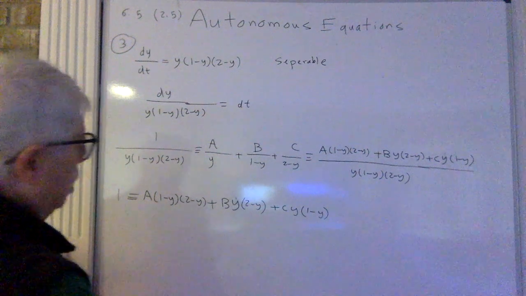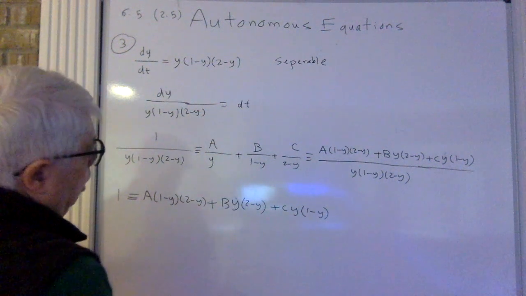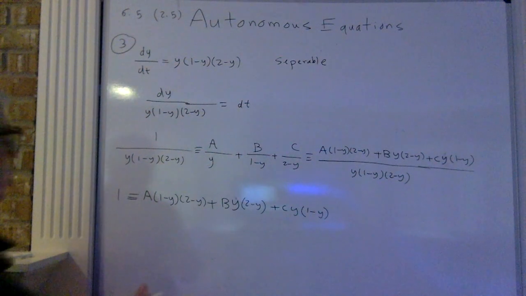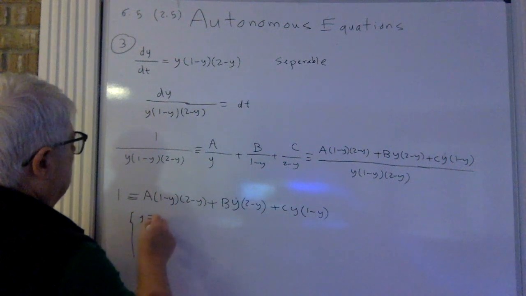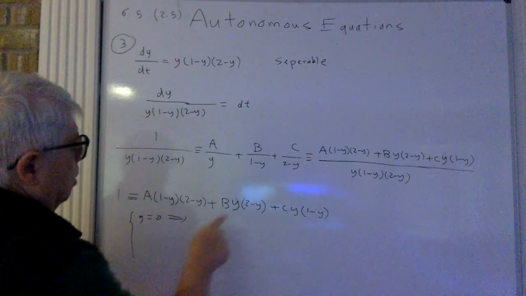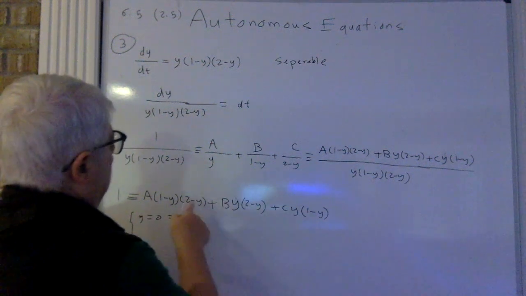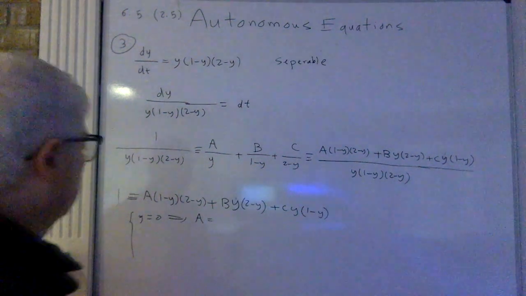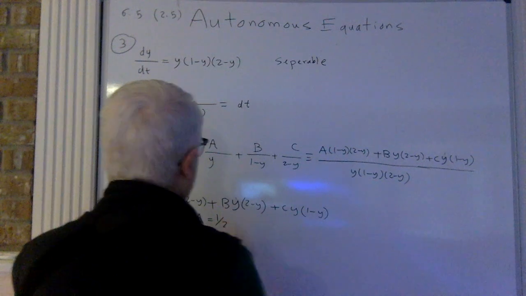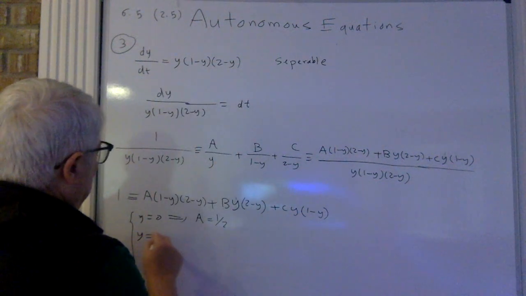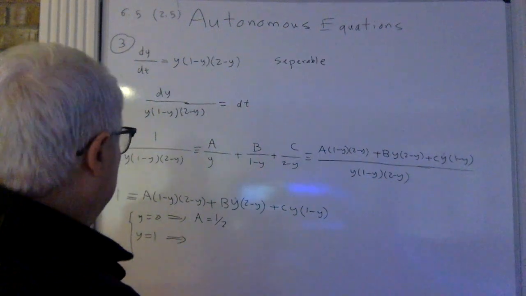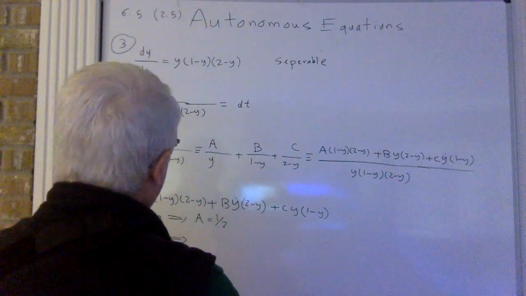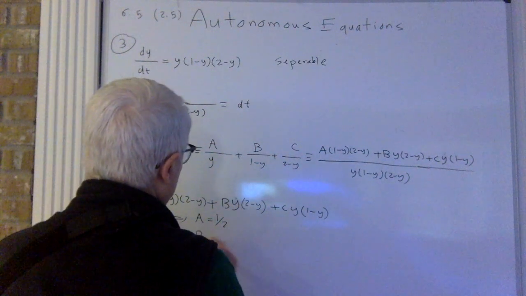We can do the same thing again. The equivalence means this should work for any y. So if I put y equals 0, it gives me 0 here, 0 here, so a will be, that's 2 times 1 and 1, so a is 1 half. y equals 1 gives me 0 here, so b times 1 times 1 is 1, so b is 1.